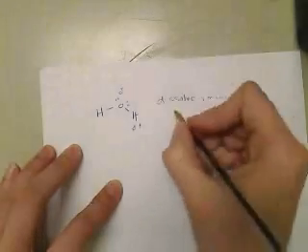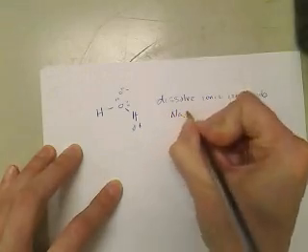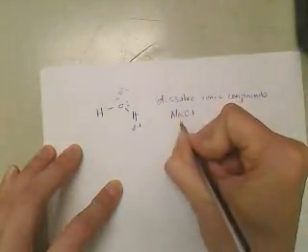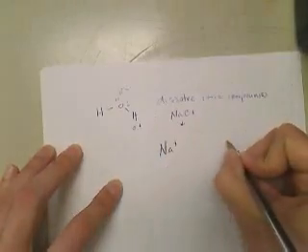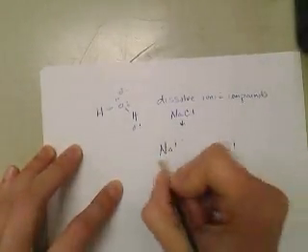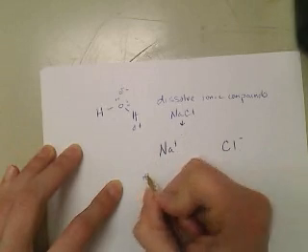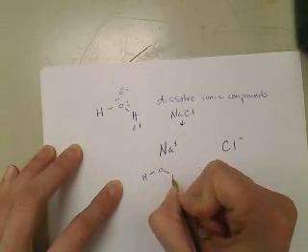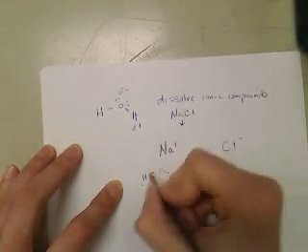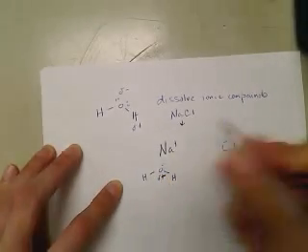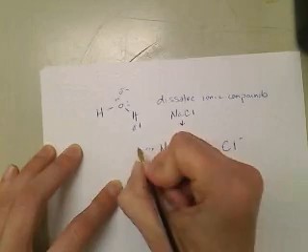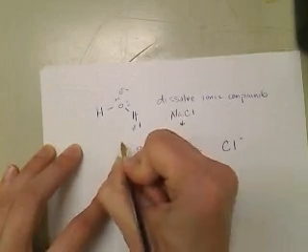Okay, the reason is because if you have something like sodium chloride, when you put this into water, it breaks up into Na plus and Cl minus, and the water molecules actually surround this. So all the negative ends, this is your partial negative, right? Negative, sorry, are going to surround the positive sodium ion.